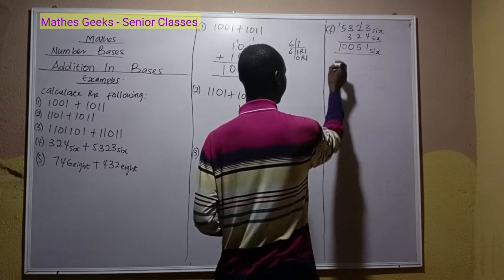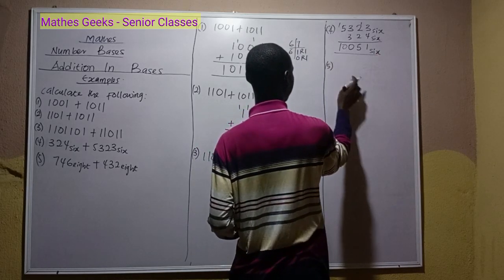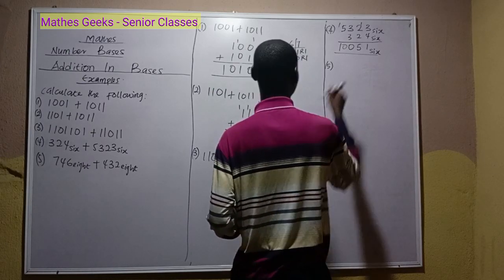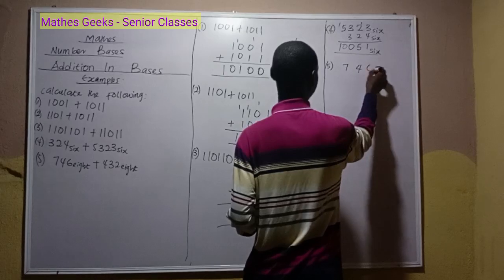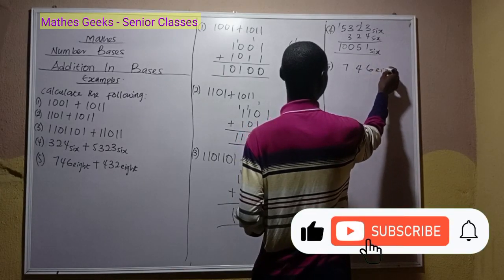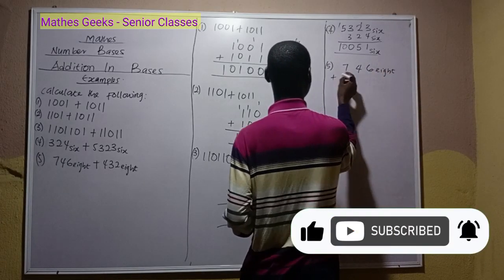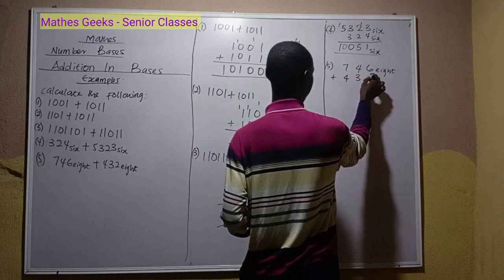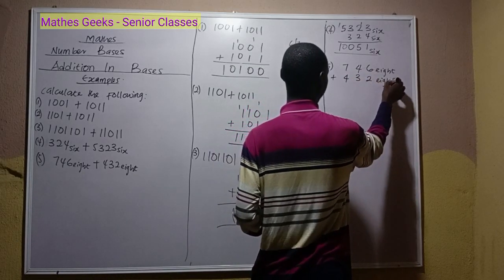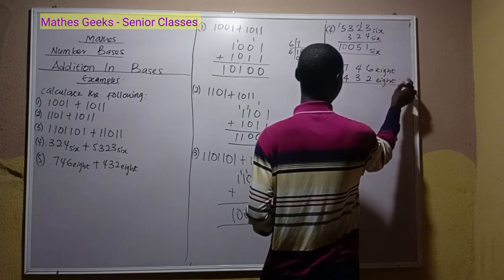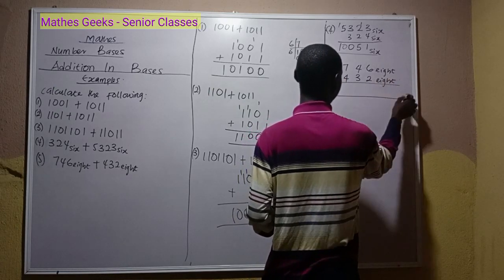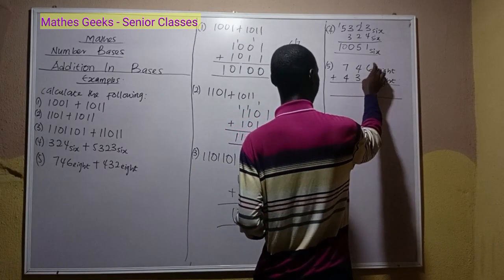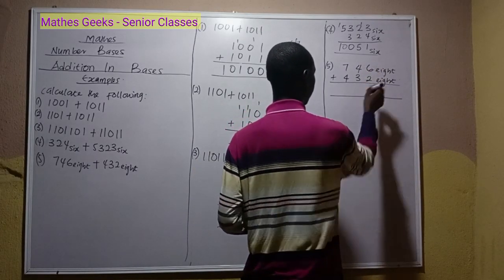Number 5. 7468 plus 4228. So in base 8, the highest number is 7. 6 plus 2 is 8. 8 in base 8 is 10.